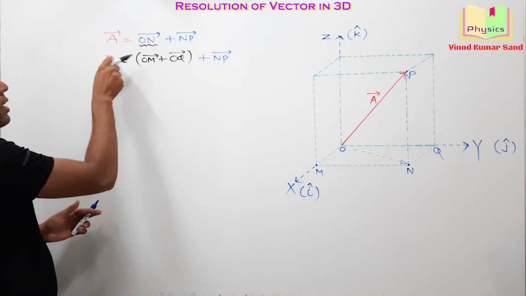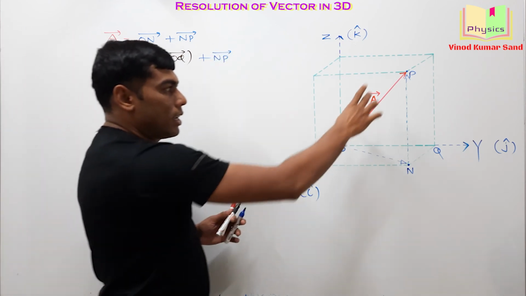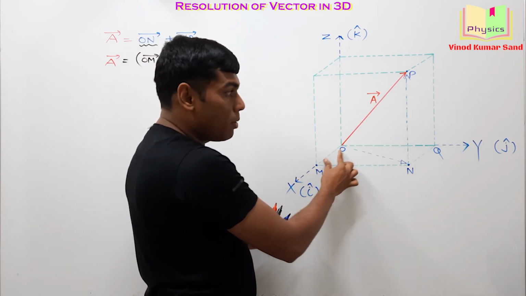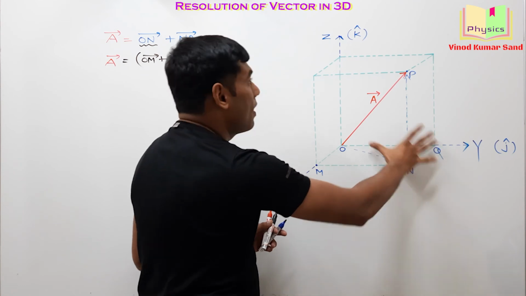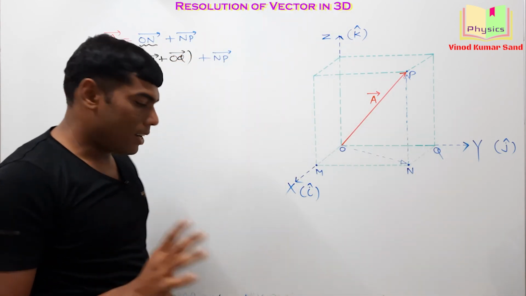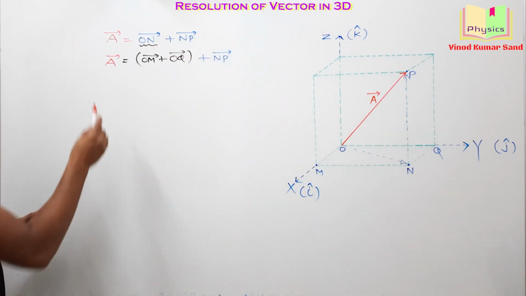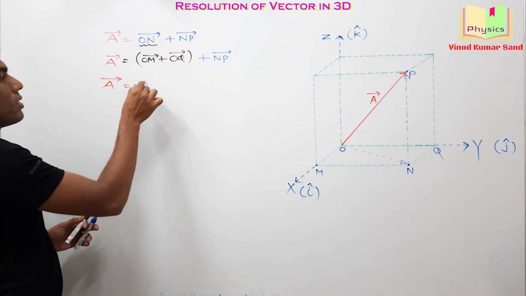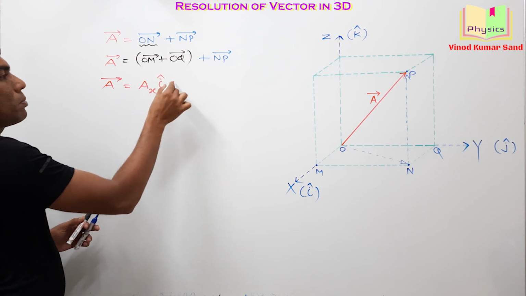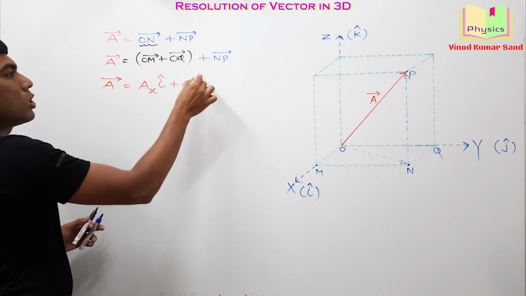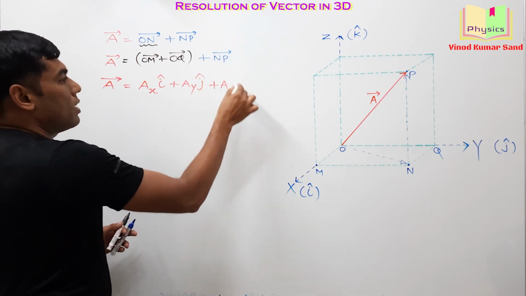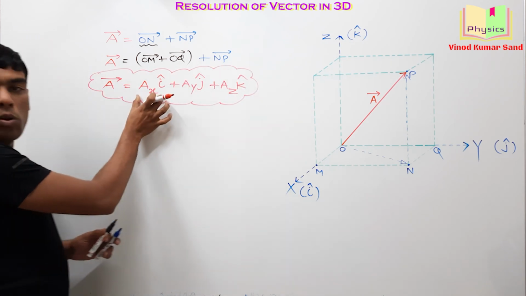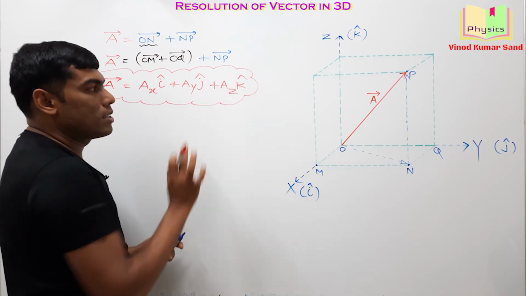So technically this A vector has some effect along the x-axis, some effect along the y-axis, and some effect along the z-axis. So in simple terms, if we want to represent the A vector, we should write this as AX I cap plus AY j cap plus AZ k cap.